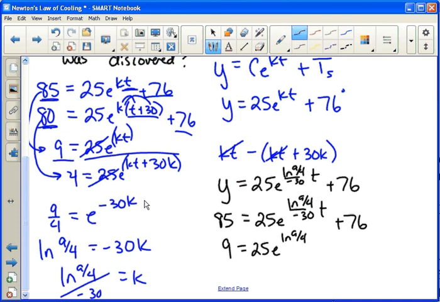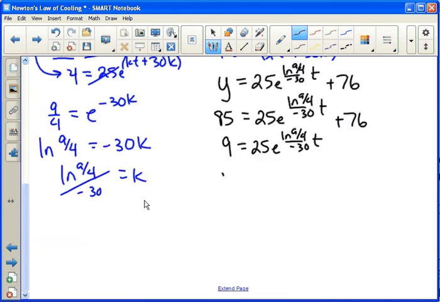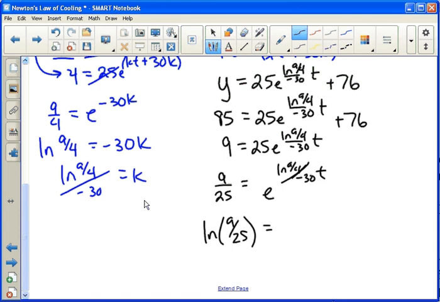Divide both sides by 25. Take the natural log of both sides. And the last step will be divide by that k value we have, natural log of 9/4 divided by negative 30. So divide that over, and you should get your answer.